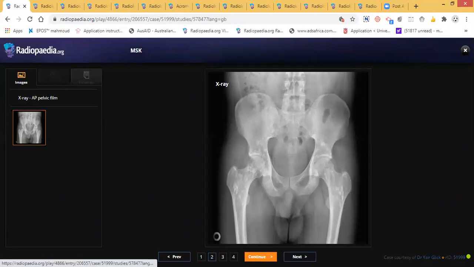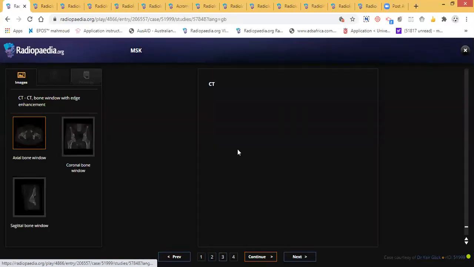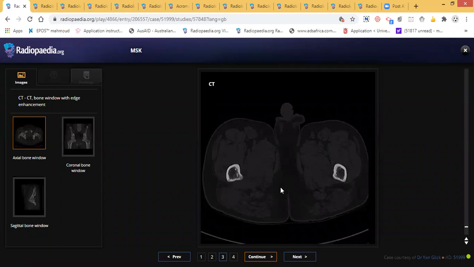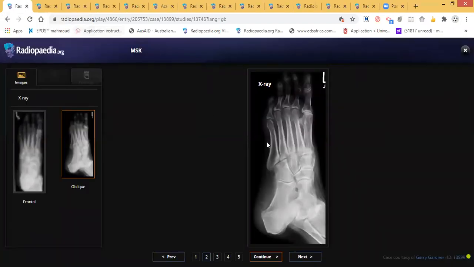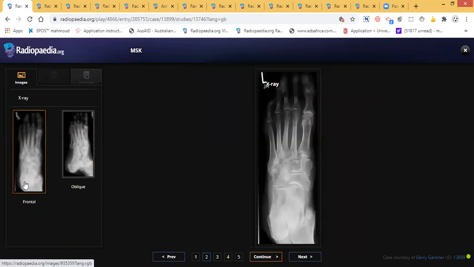The osteopoikilosis may include everywhere, while here it is just one island. So this is one of the good examples. I think we can go to the frontal X-ray view. Yes, frontal view.